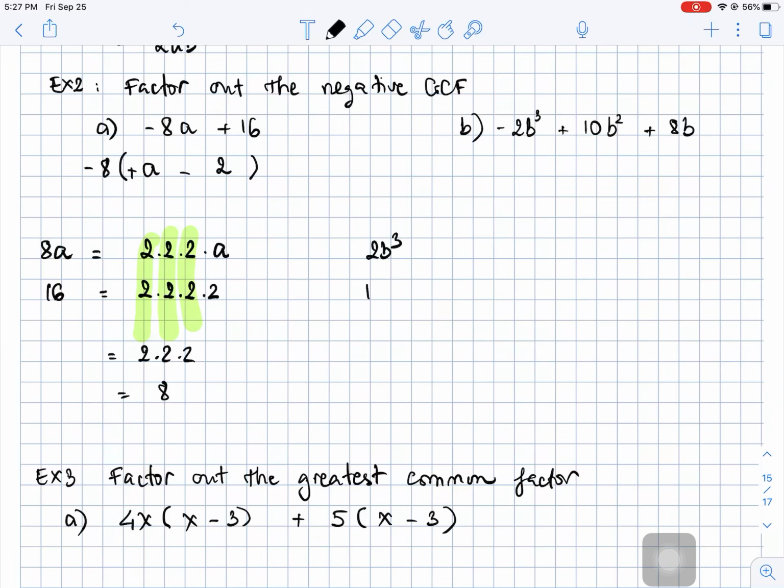Similarly, we can do the process of breaking them out: 2b cubed, 10b squared, and 8b.